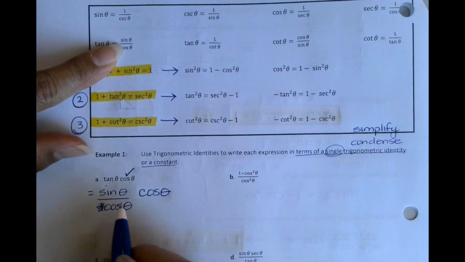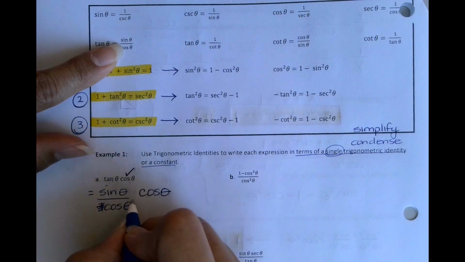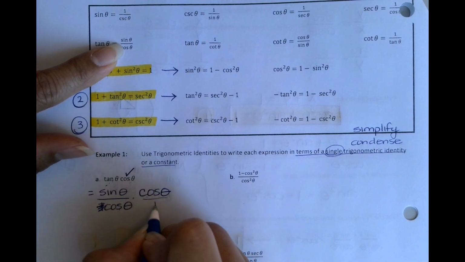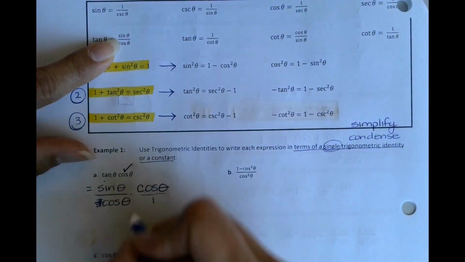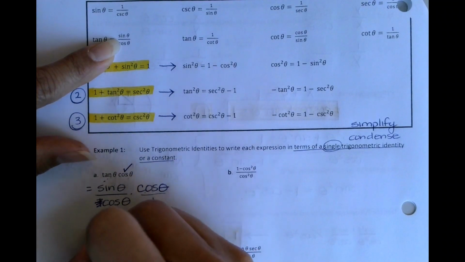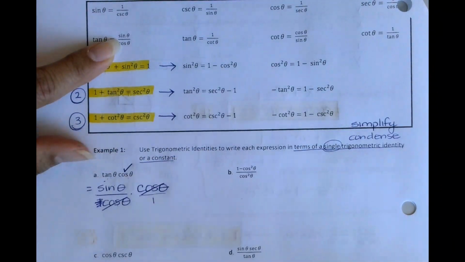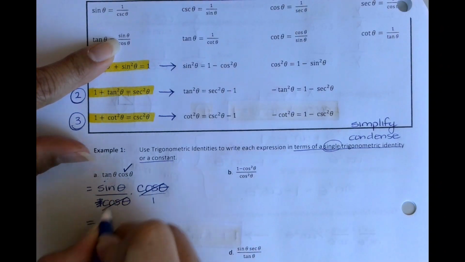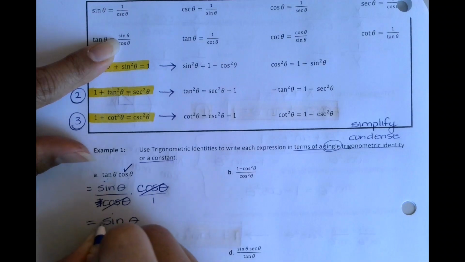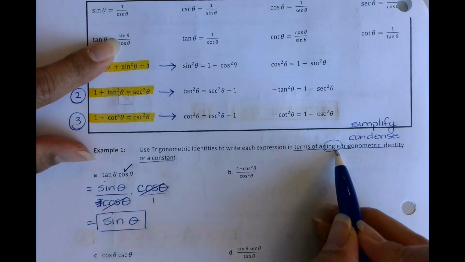So I'm multiplying this times this, which in essence is actually cosine theta over 1 if you think about it. Since this is numerator and this is denominator value, they become a 1. Cosine theta divided by cosine theta is a 1. And sine theta times a 1 is just a sine theta. So this is my answer. It is a single trig identity. I am done.